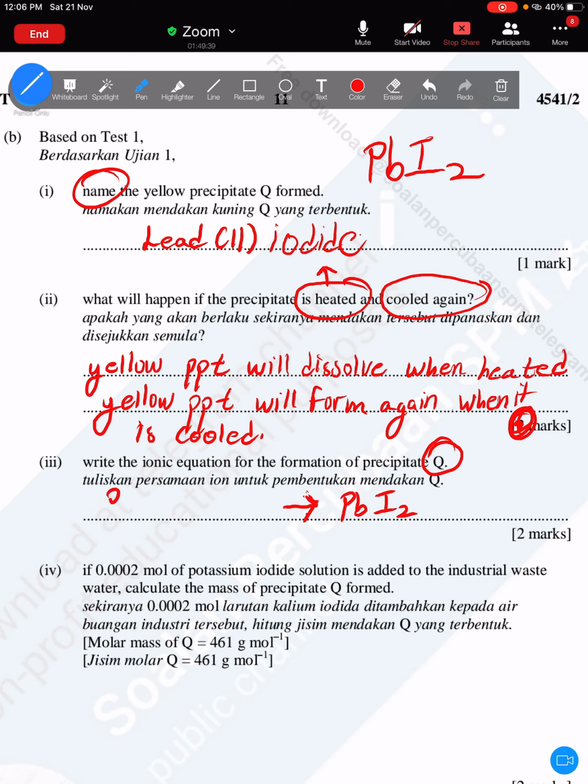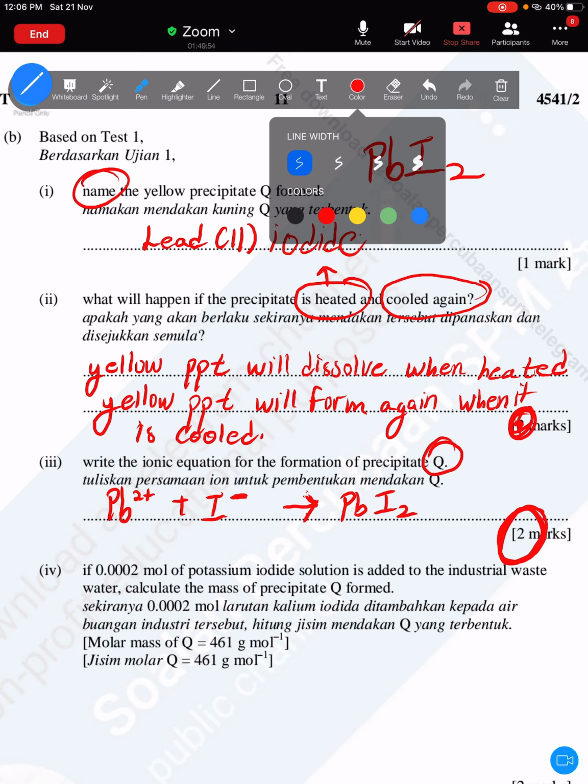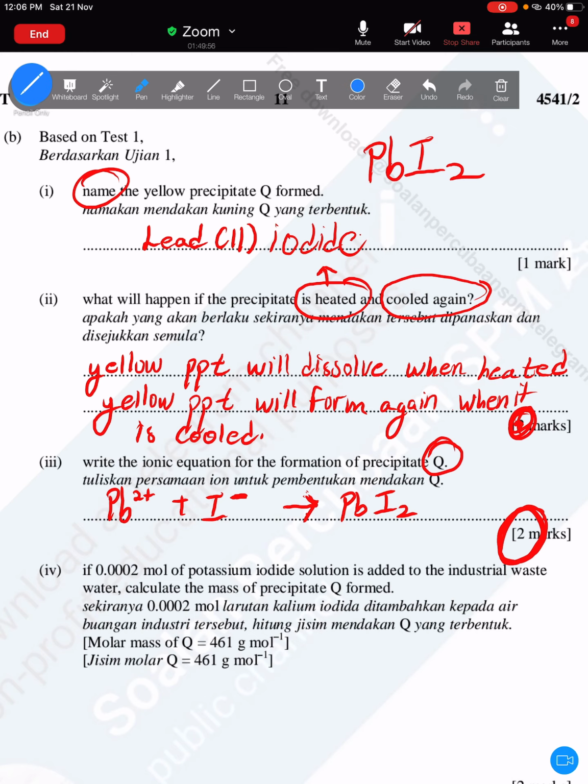Of course, Pb2+ plus I- gives you PbI2. But look at the marks over here. It's 2 marks, so I really encourage students to put all the physical states. Precipitate stands for solid. Ions stand for what?